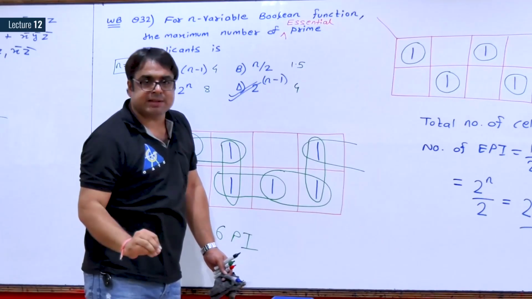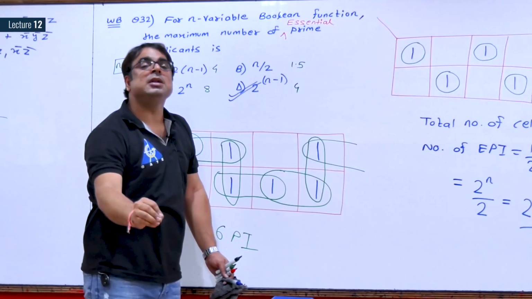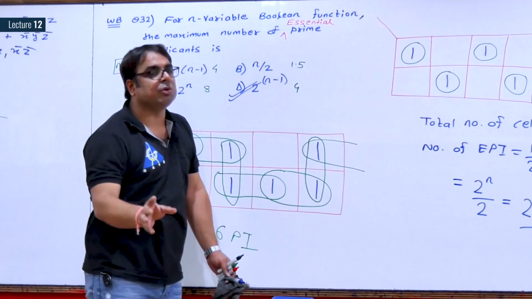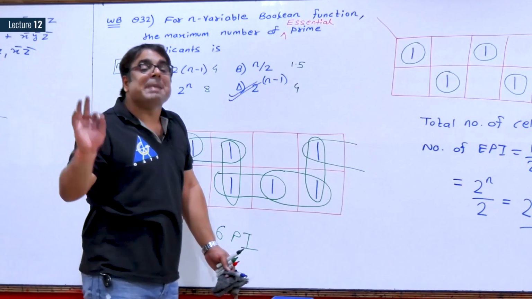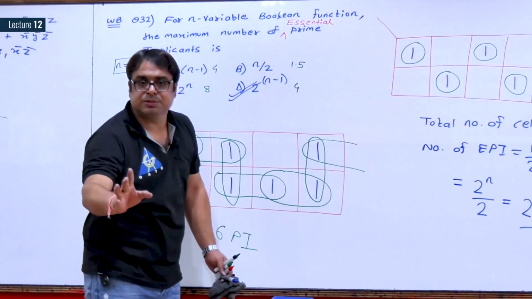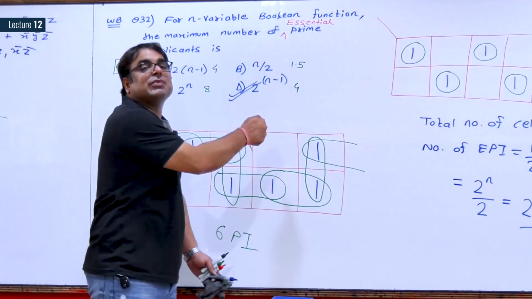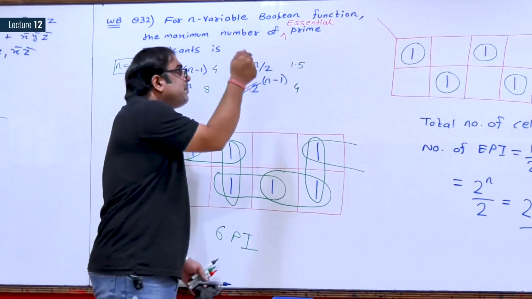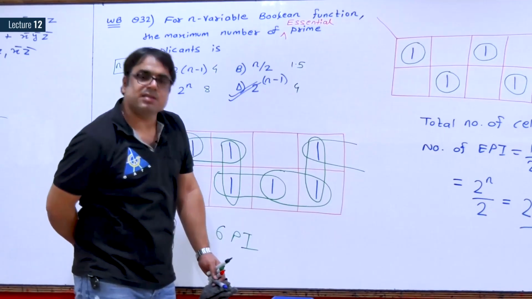So wherever in any book or any coaching notes you see it saying that maximum number of prime implicant is option D, they are incorrect. This is 100% correct what we are discussing here. Essential prime implicant number is 2 to the power n minus 1.